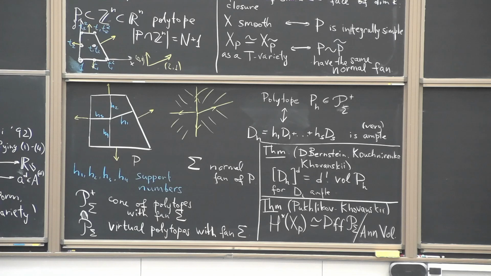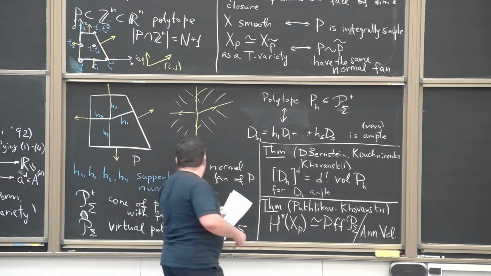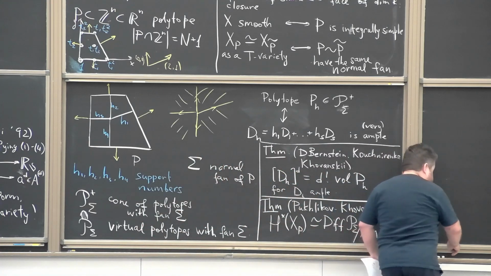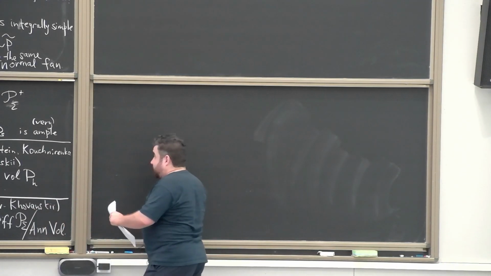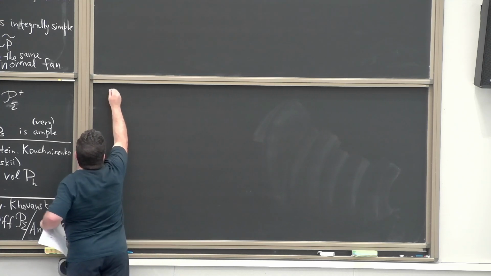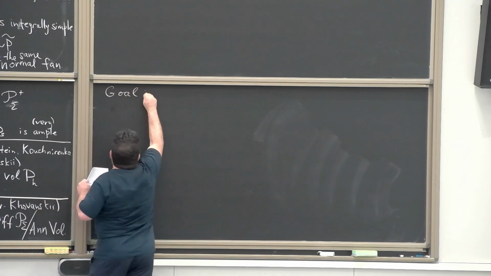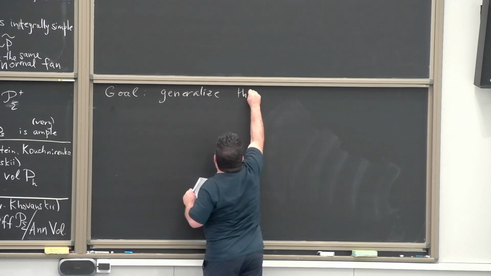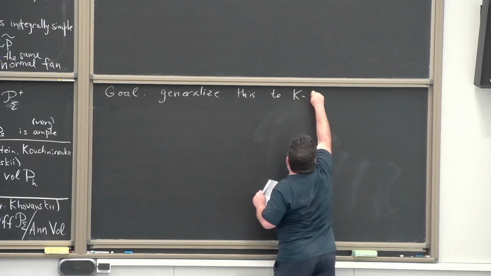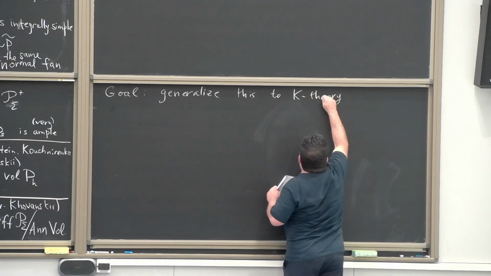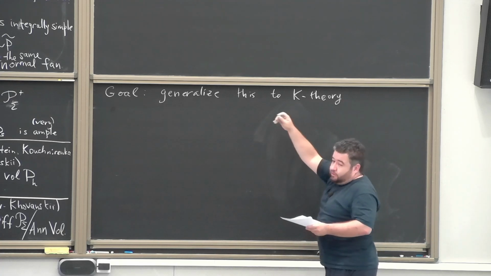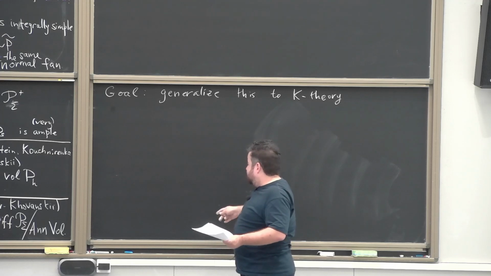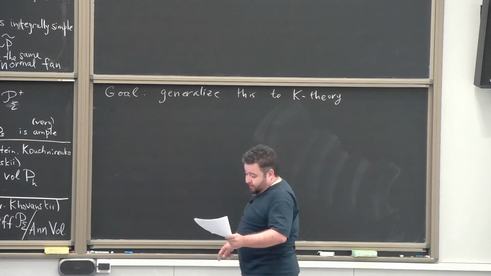I have like 15 minutes. Okay, so our goal with Leonid Monin was to generalize this to K theory of toric varieties and, eventually, of flag varieties, because this story has a flag counterpart, and I'm going to briefly tell you about it if I have time.